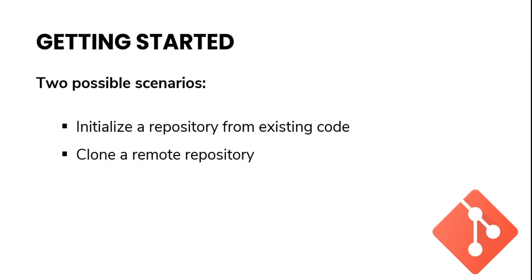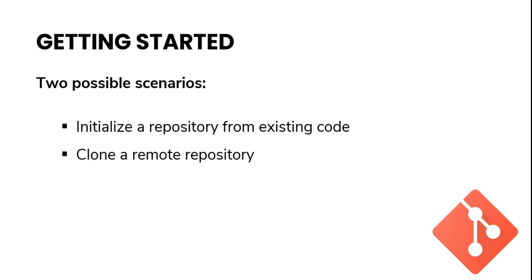To start using Git, you are always going to find yourself in one of these two possible scenarios. The first one is to initialize a repository from existing code. Let's say you already have existing code, or you're about starting a project and you want to initialize Git to keep track of the files in that project. All you have to do is initialize the repository by running git init in that project folder.